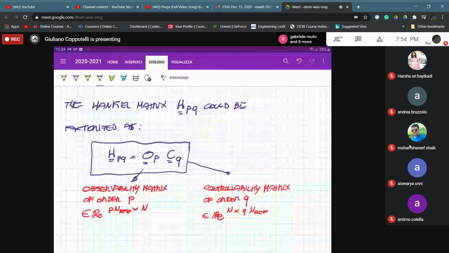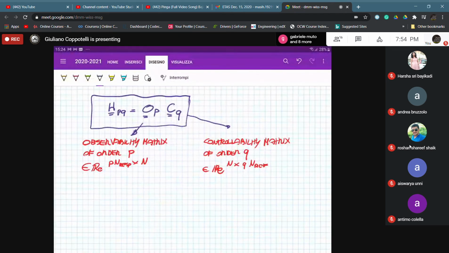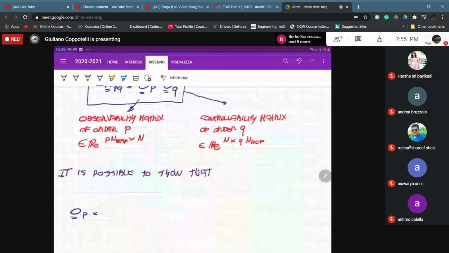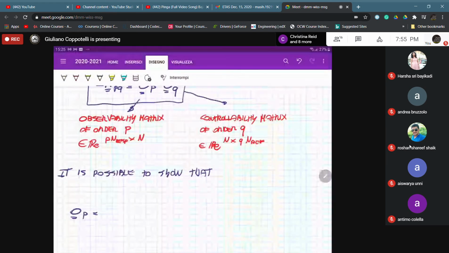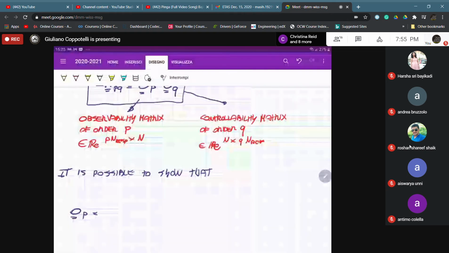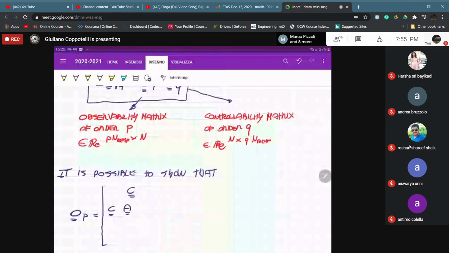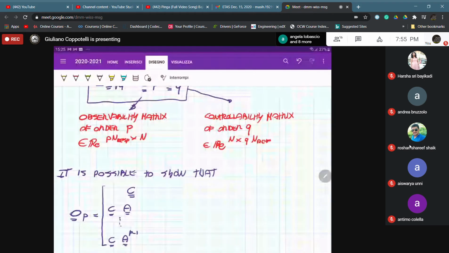Moreover, it is possible, I'm not going to do that, to show that your observability matrix of order P could be written in this way. So your C matrix, then C times A, up to the last one, C times A to the power of P minus 1.